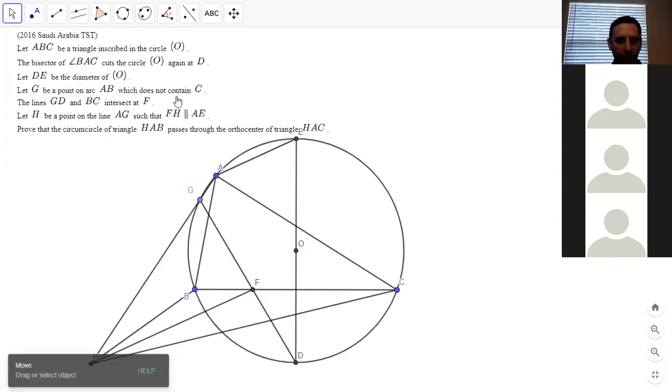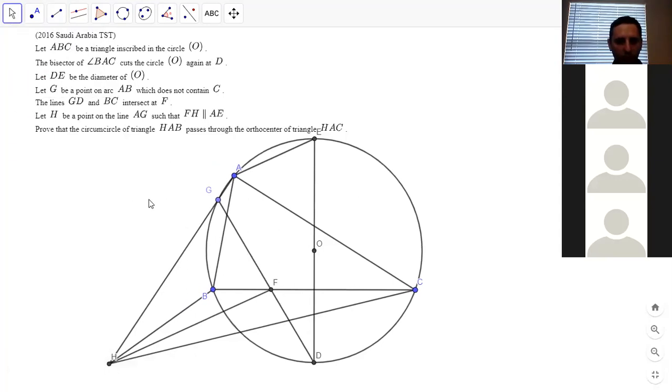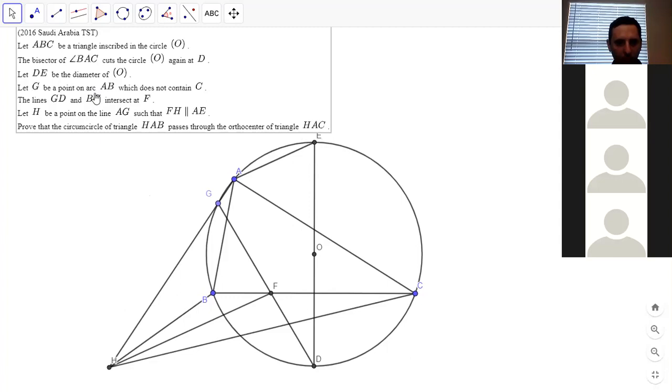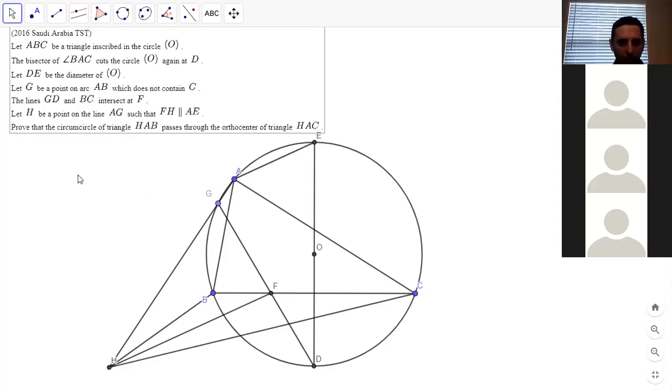So H is on AG. Okay, so we want to calculate the two angles. I don't know if it's worth drawing this point right here.